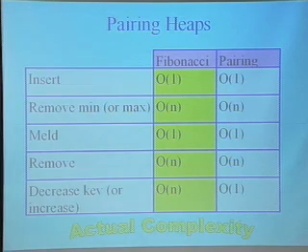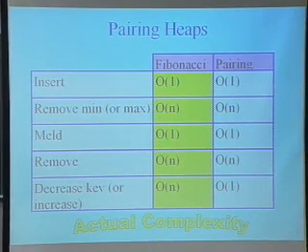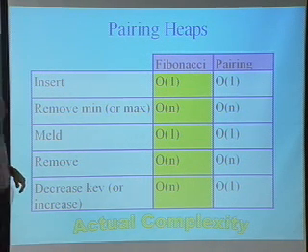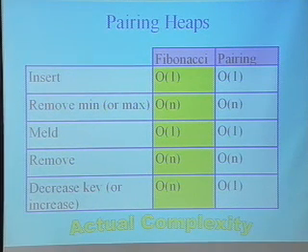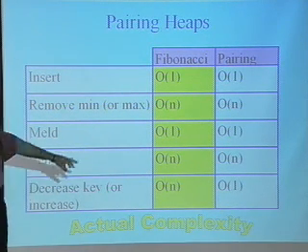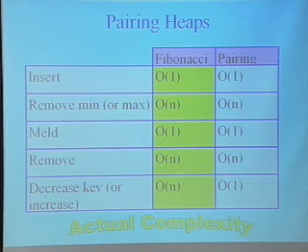And if we compare the Fibonacci and pairing heaps, first with respect to their actual complexity, we see that the pairing heap seems to have a better actual complexity for the decrease key, which is order 1 instead of order n. And then the actual complexity on the remaining operations is the same as that for the Fibonacci heap.